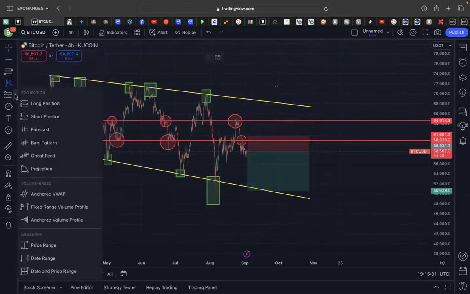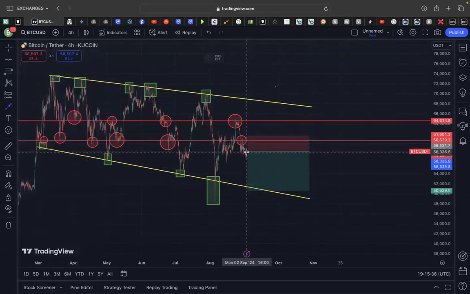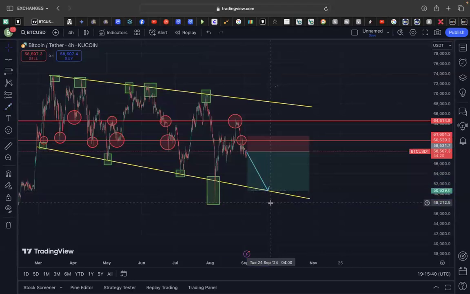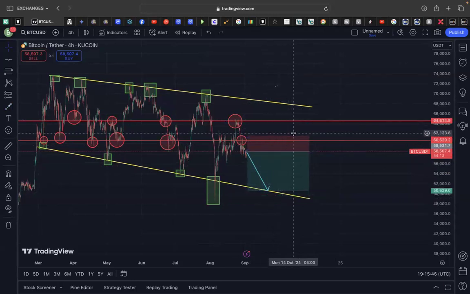Just quickly taking out an arrow showing us exactly where we might end up. 50,000 is very, very likely. The longer Bitcoin stays under 60,000, the lower we might go.